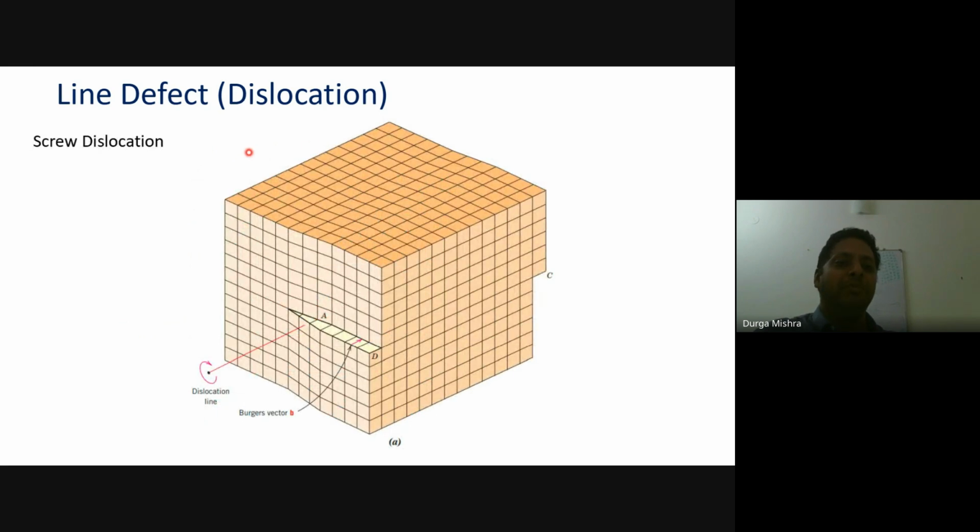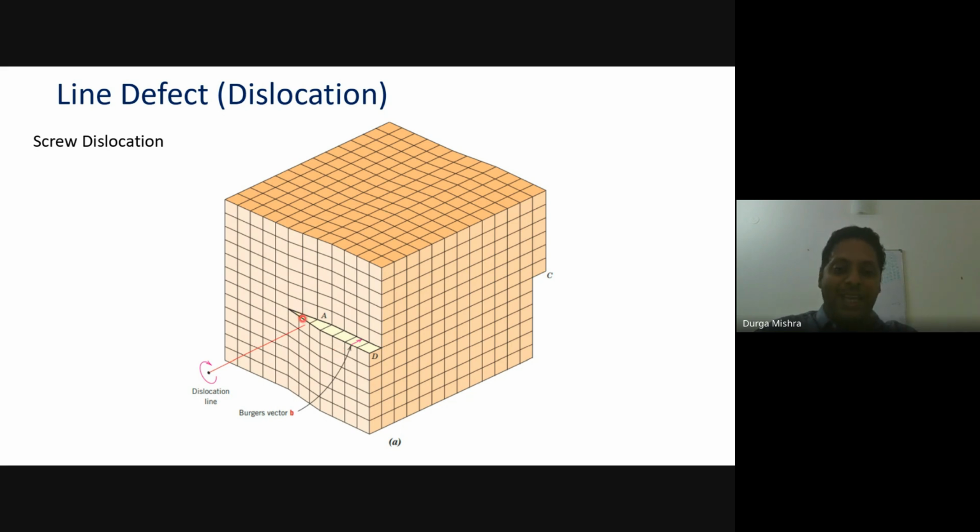Then there is another type known as a screw dislocation. This is a different type of dislocation, formed due to a deformation. It is like a twisting of one block over the other. You could see you have two blocks, and one block is rotated or deformed over the bottom part, which leads to a line defect.